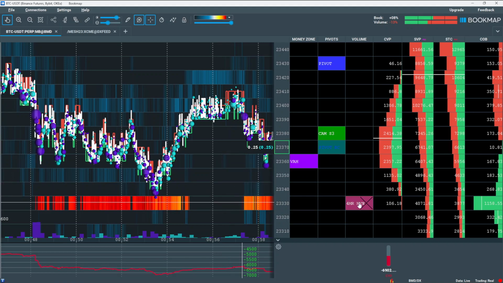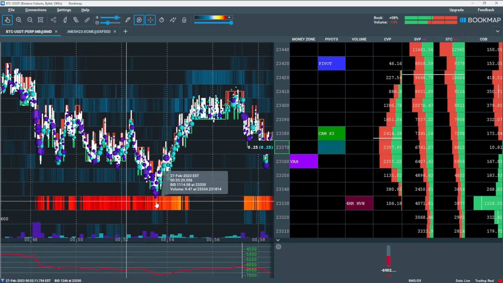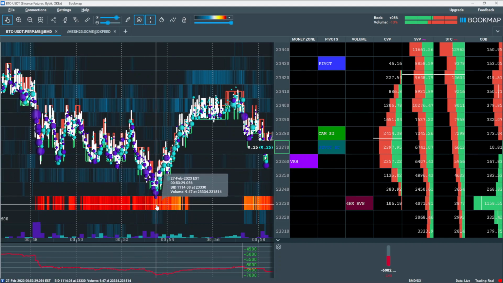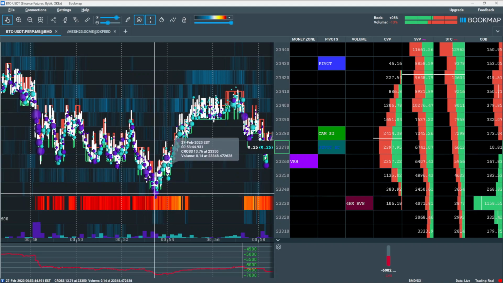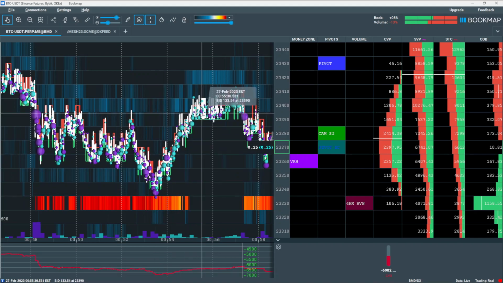And this was also a 4-hour high volume node on my volume profile, so other players knew that as well, and they put their liquidity here on the bid. So that supported price.